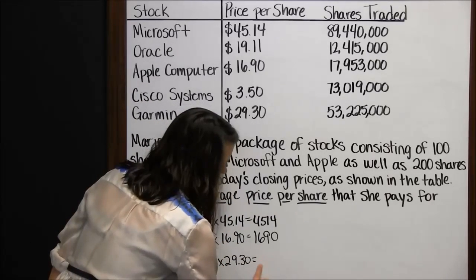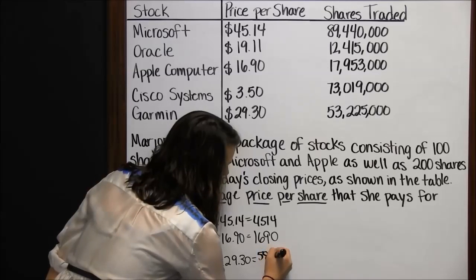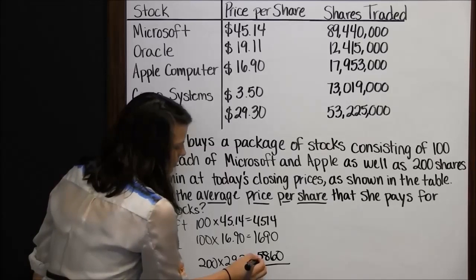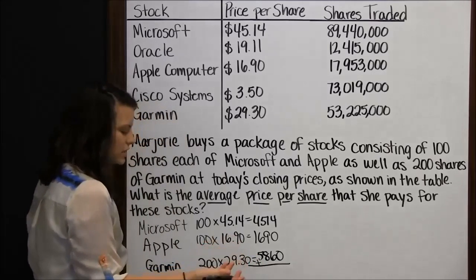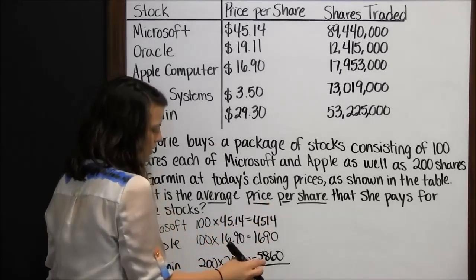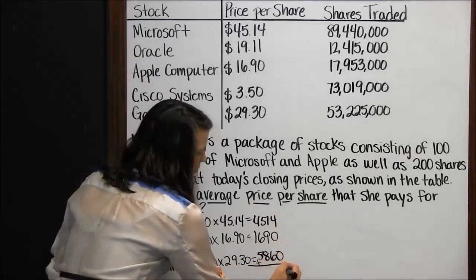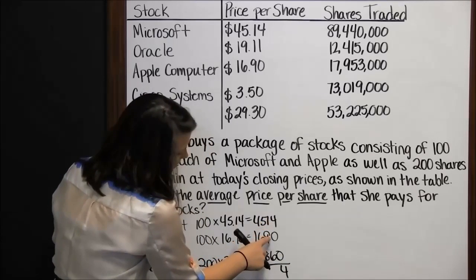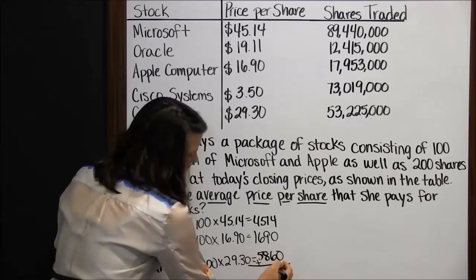I'm just going to move this up a little so I have some more room. So I'm going to add these 3 costs together to find my total cost, or my total price. So 4 plus 0 is 4. 1 plus 9 is 10, plus 6 is 16.